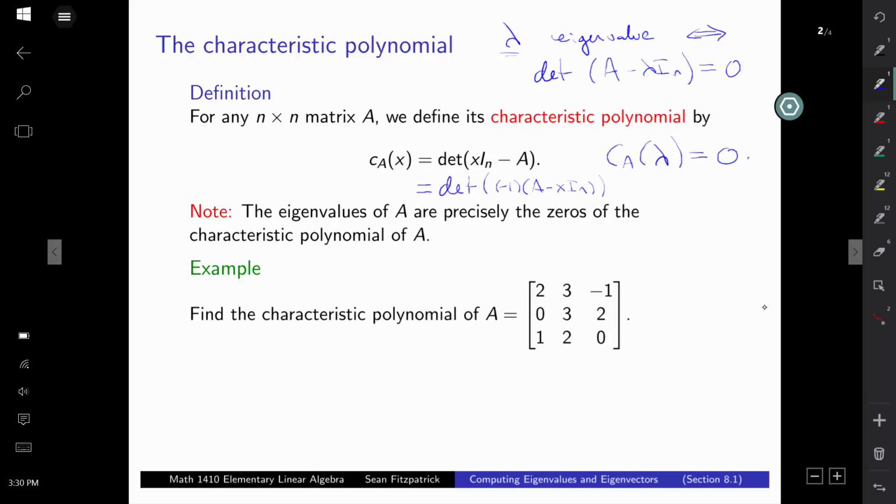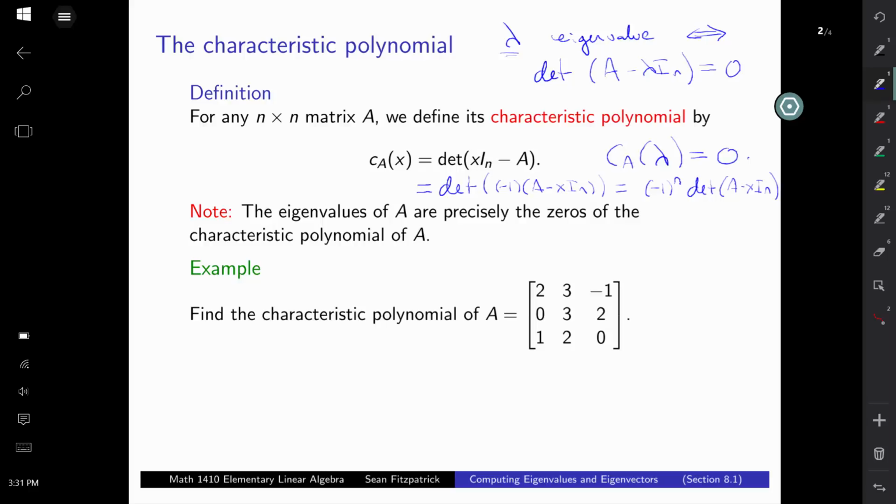We know that if you have a scalar multiple inside the determinant, you can pull it out, but it gets raised to the power of however many rows you have. So I would get minus 1 to the n times the determinant of A minus x times the identity. So switching the sign costs you at worst an overall minus sign in this polynomial, and it's strictly a matter of taste as to which way you want to do it.